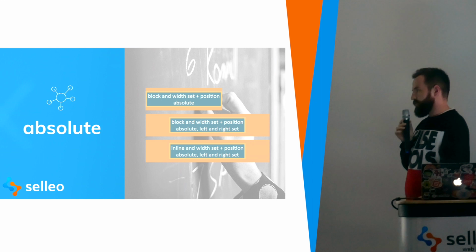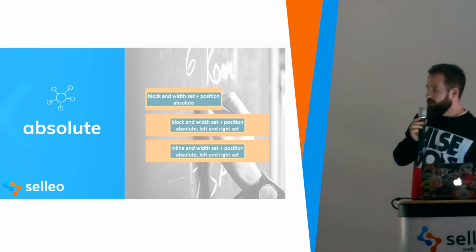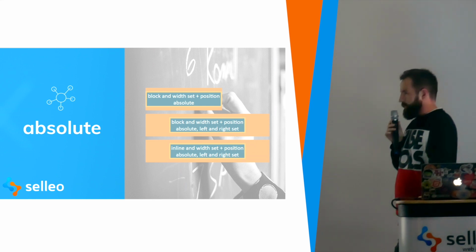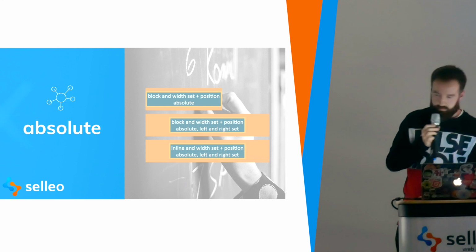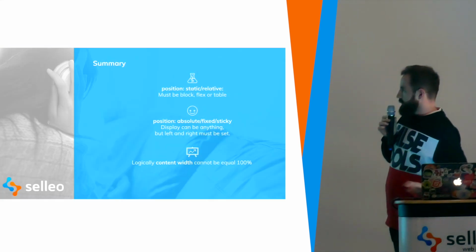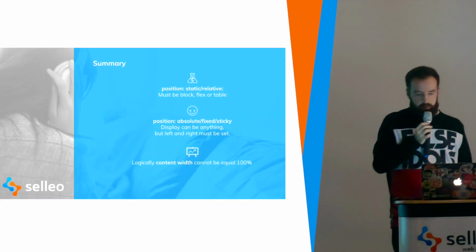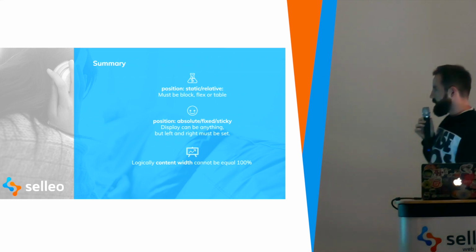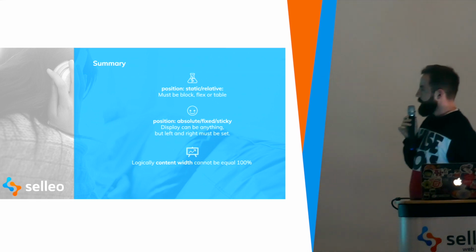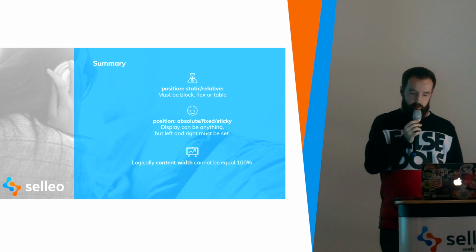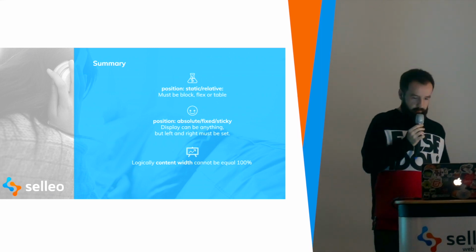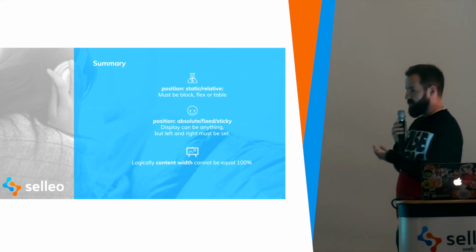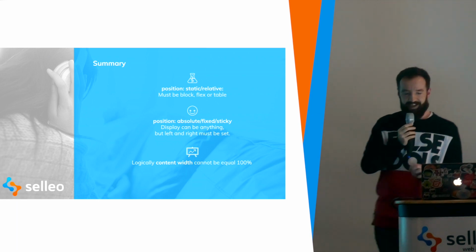But for position absolute, fixed, or sticky, we can also use left 50% and transform translate minus 50%, etc. All right, so summary. For position static or relative, the element must be block, flex, or table for margin zero auto to center.